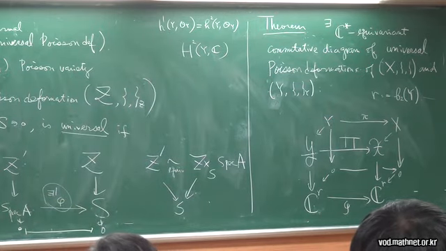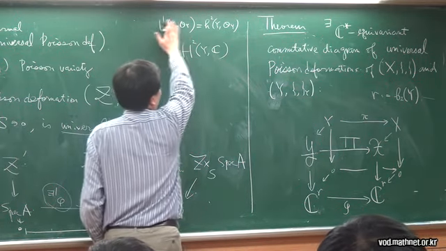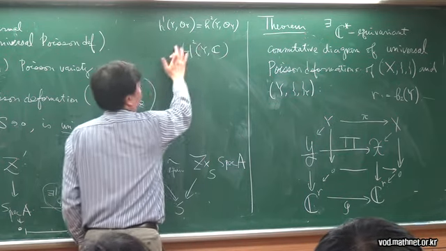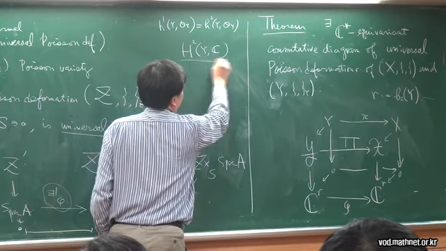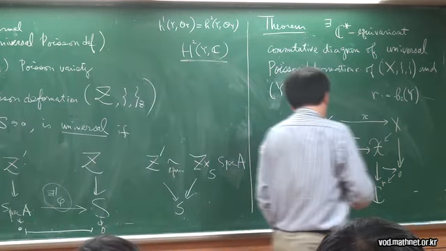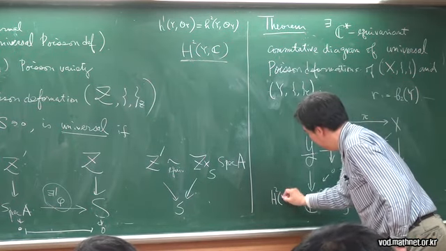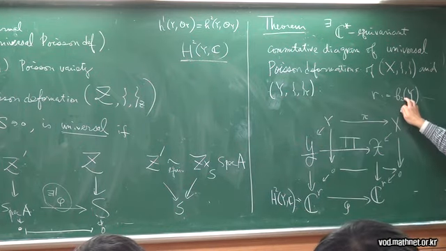Yesterday I only treated single smooth varieties, but if the symplectic manifold satisfies such a condition, then the infinitesimal Poisson deformation is described by this space. So this is nothing but H^2(Y, C), and R is nothing but B^2(Y).